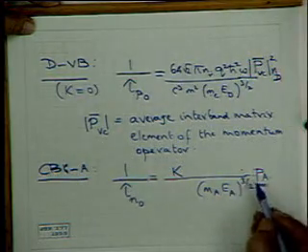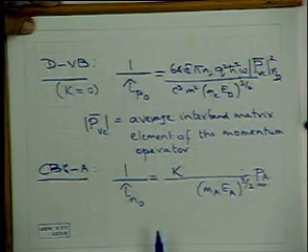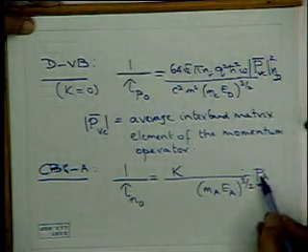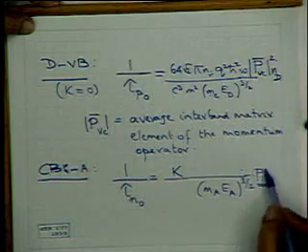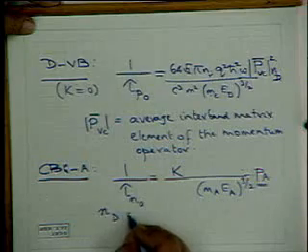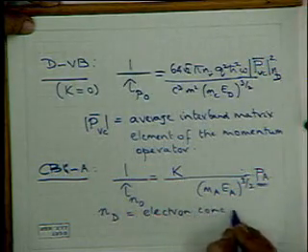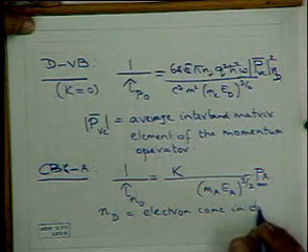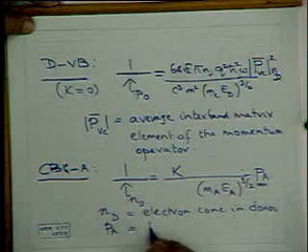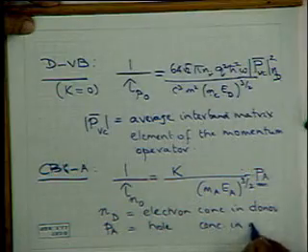So here EA and ED are the donor and acceptor ionization energies, and ND is the electron concentration in the donor, and PA is the hole concentration in the acceptor.